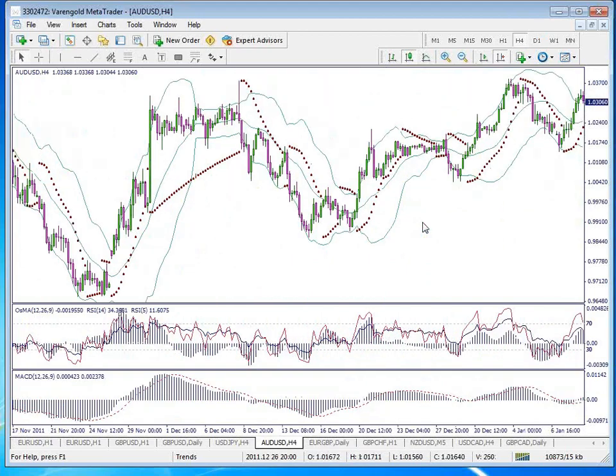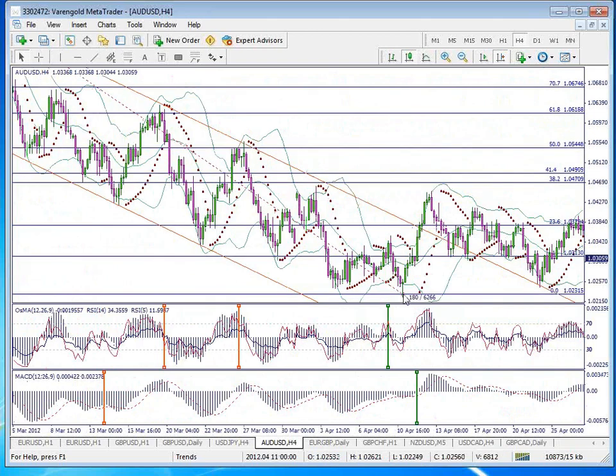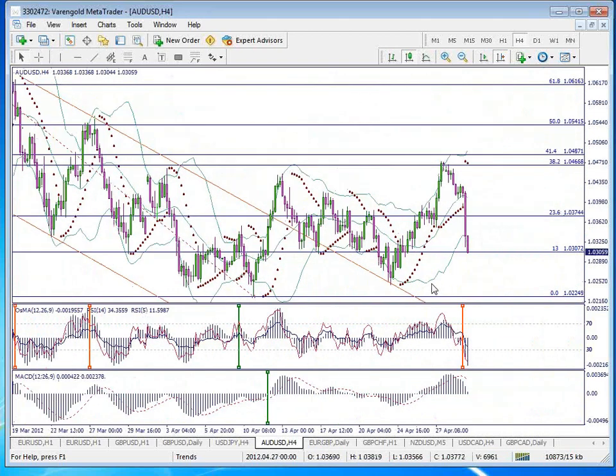I will go on 4-hour time frame. So here it was the low. The pair just tried once to pass the 38.2 level. Now it was the second try.